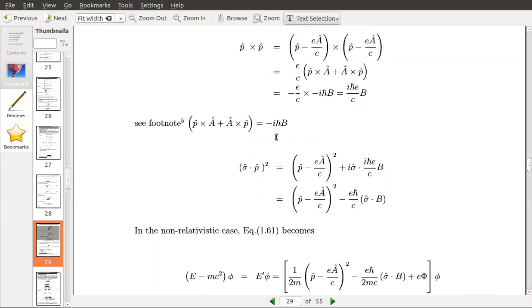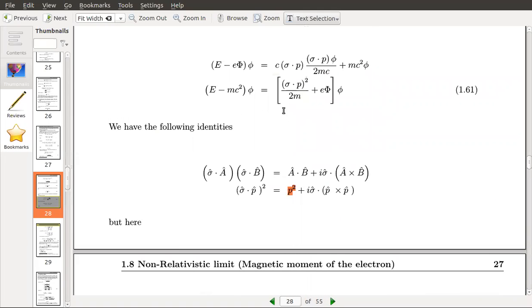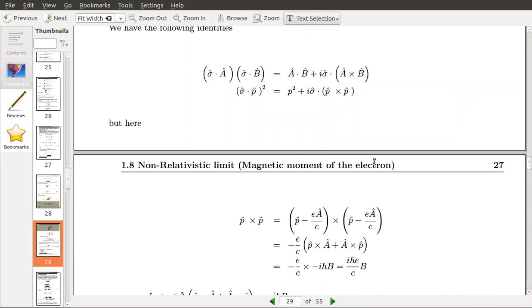So substitute this sigma dot P square here, so that this equation 61 becomes E minus mc square φ equal to this quantity divided by 2m plus eΦ, all acting on small φ.